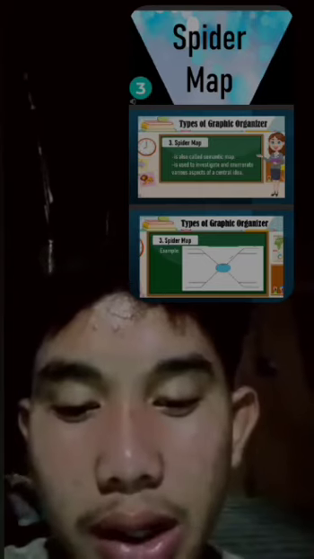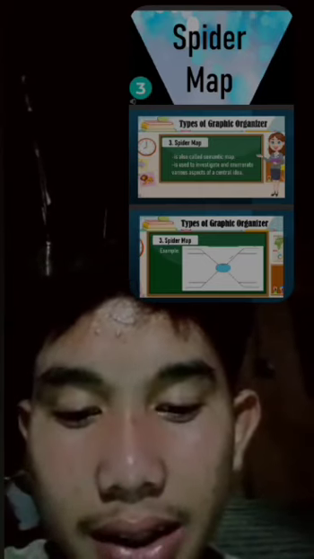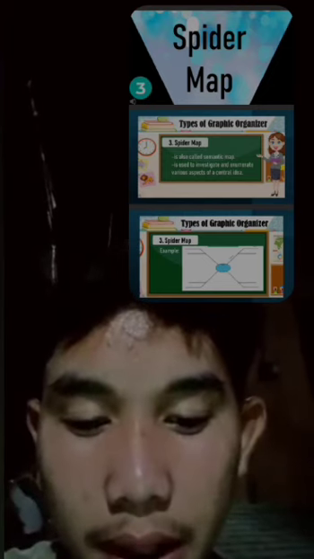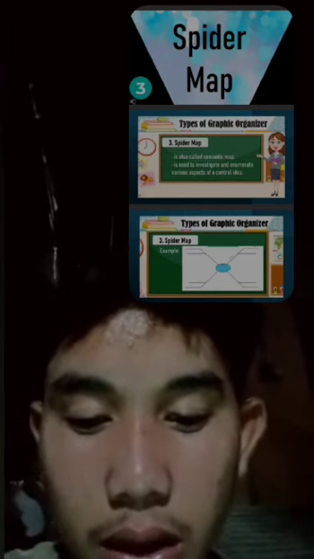At the end of each branch, you write key details, examples, or subtopics. For example, topic in the center, healthy food. Branches: fruit, vegetables, whole grains, proteins, and benefits. Then you draw branches like spider legs going out from the center.